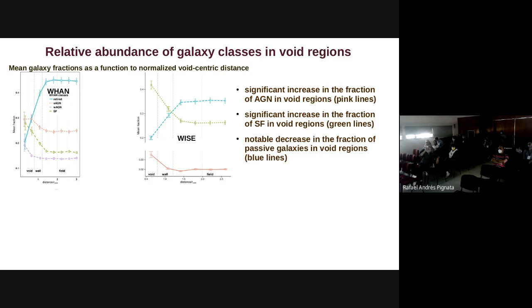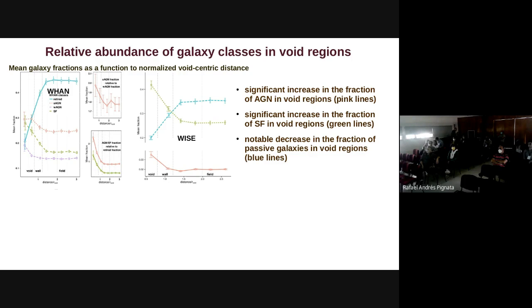And you can note that the fraction of AGN in voids and walls increases in both criteria. In green lines, we show the star-forming galaxy fractions, and in this case we also obtain an increment, and for the passive galaxies in blue lines we obtain a decrease of these fractions in void regions.